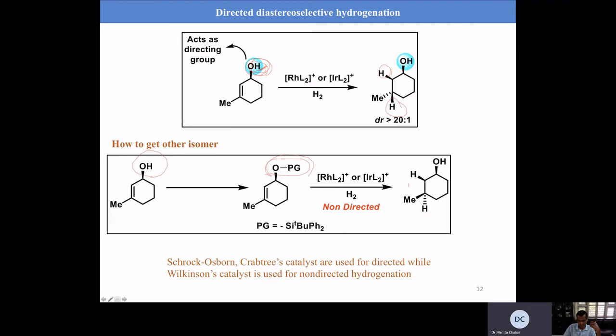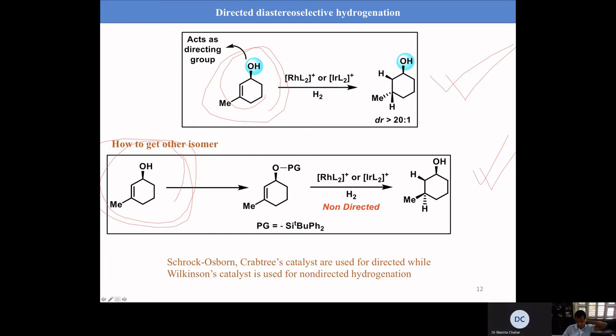The hydride addition happens from below the plane. So this hydride and this hydride are happening from below the plane, because the top of the plane is really blocked by a bulky group. If you look at these two compounds, they are now two different diastereomers from the same starting material. You start with the same starting material, and now you get two different diastereomers, which is quite fascinating.